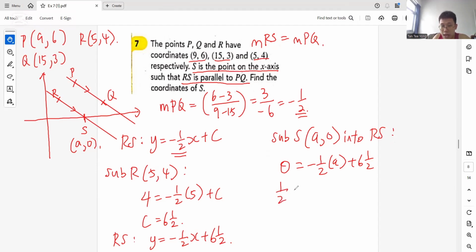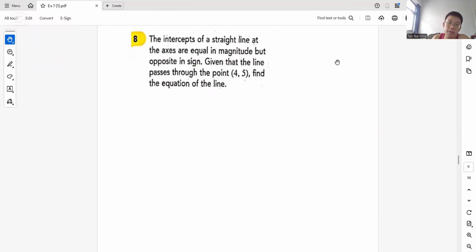So half a equals 6.5, and a equals 6.5 divided by 0.5, which is 13. So our S is still 13, comma 0. You are supposed to get the same answer. I just find this a bit longer because you have to find the equation of RS first before finding the coordinate of S.